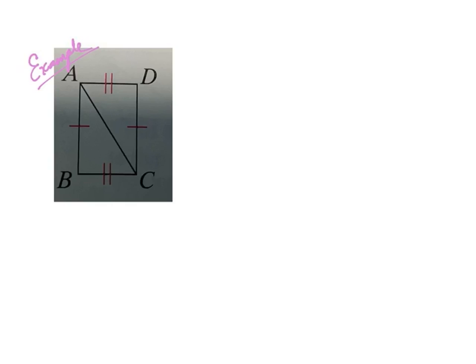Let's take another example. Remember, your goal is to find side, side, side, side, angle, side, or angle, side, angle. One of those things. Let's see what's given to you. It is given that this side and this side are the same.